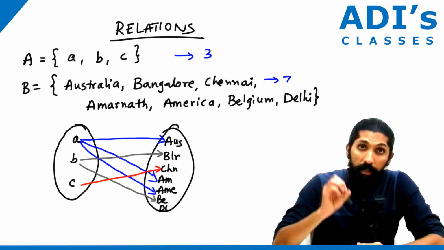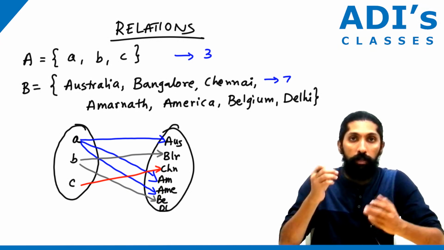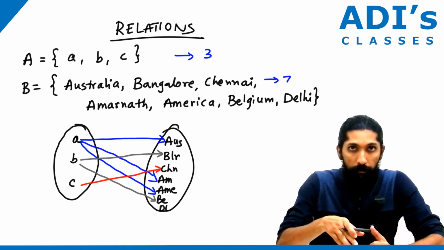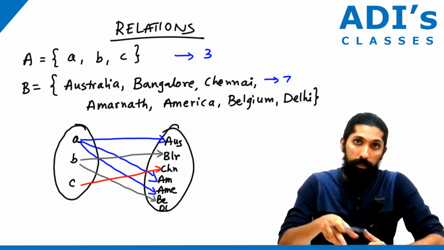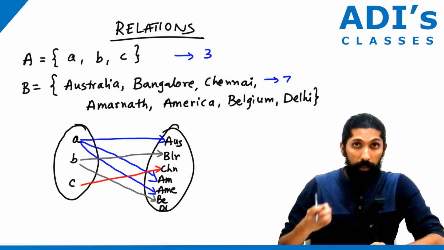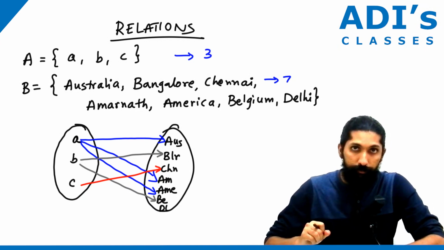But how many relations are there? A relation is basically the set of rules which relates the two sets. Fair enough? The method you're seeing is what we call the arrow diagram method.